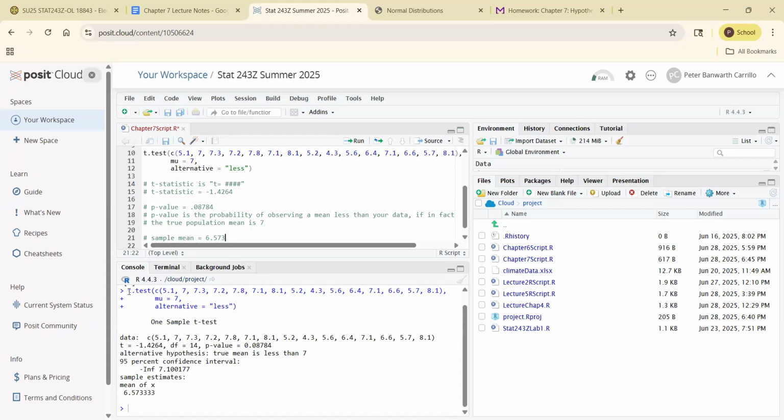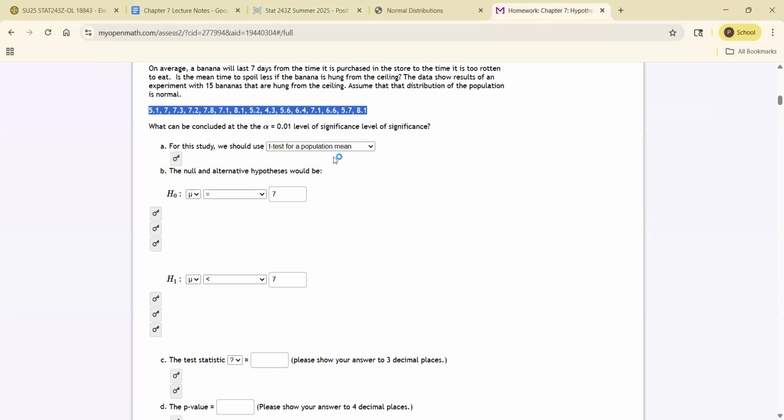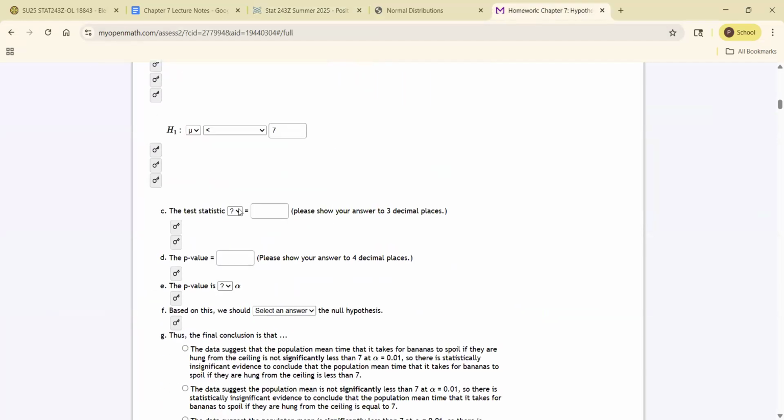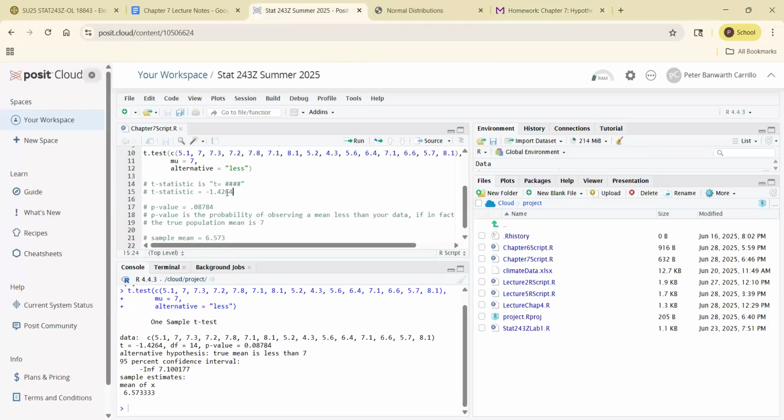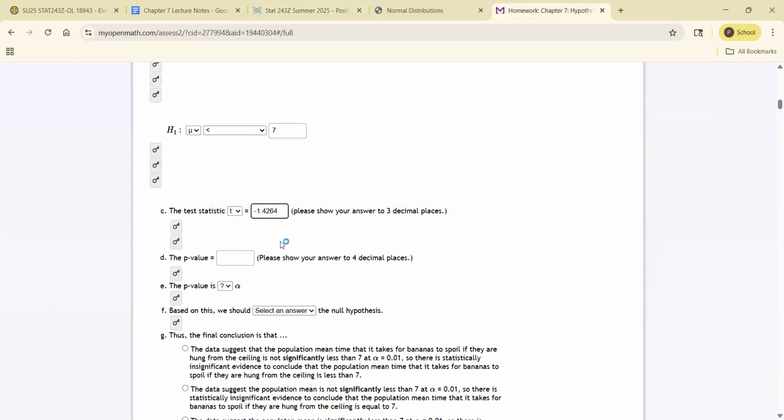So the t-test code gives you a lot of information. It shows you your data again. It gives you your test statistic. It gives you your p-value, and it gives you the sample mean. And all of that information can go into your homework. So the test statistic is going to be t, which is negative 1.4264.